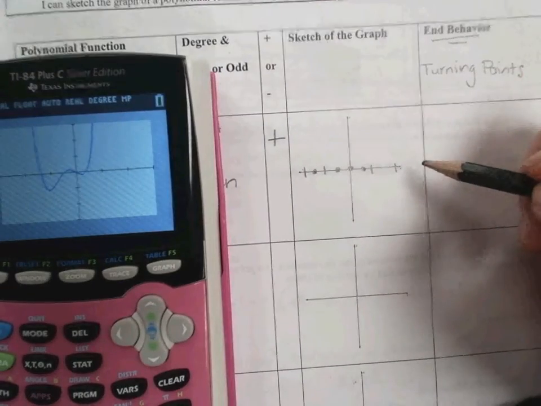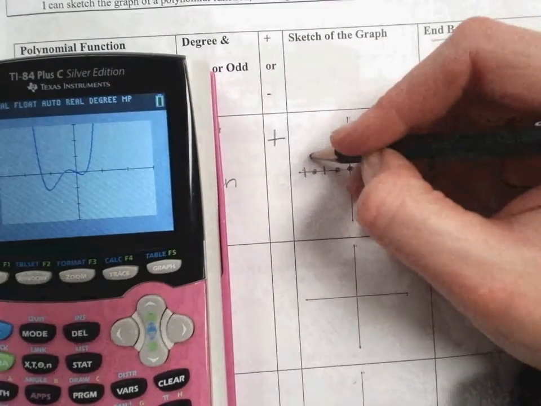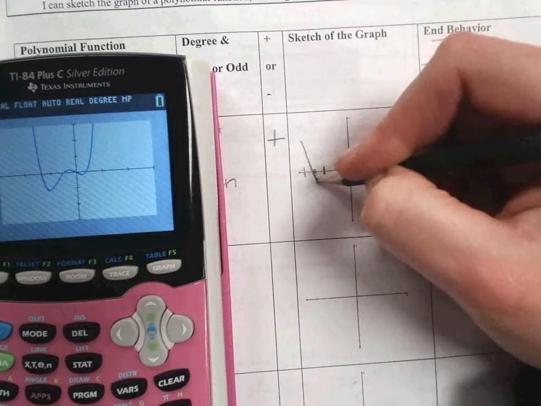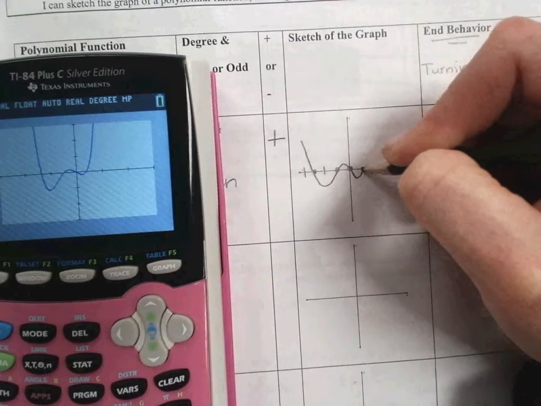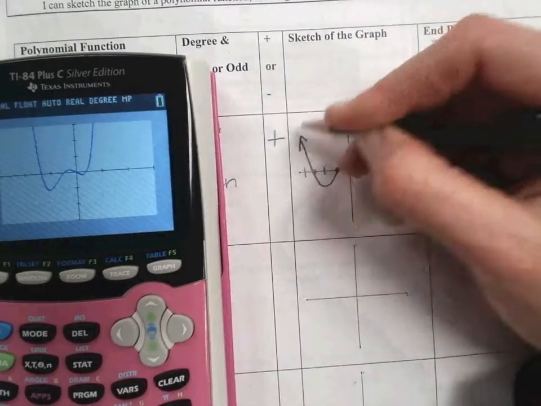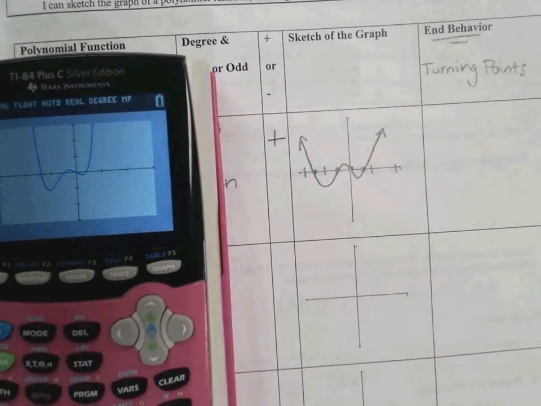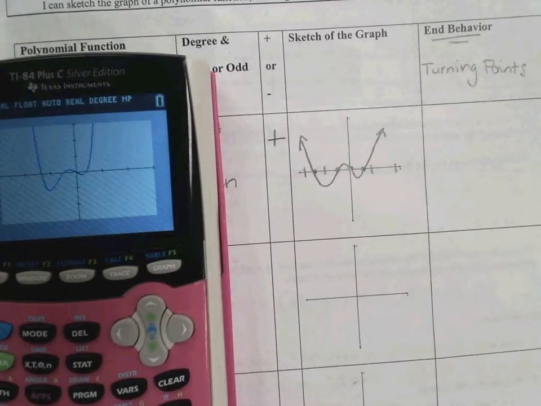Once I plot those x-intercepts, I can follow that curve and go, okay, it's up here, goes down, comes back up, comes through, and it gives me some idea of my graph. I'm just doing a sketch, it's not perfect, but it gives an indication of some of those key aspects of the graph.